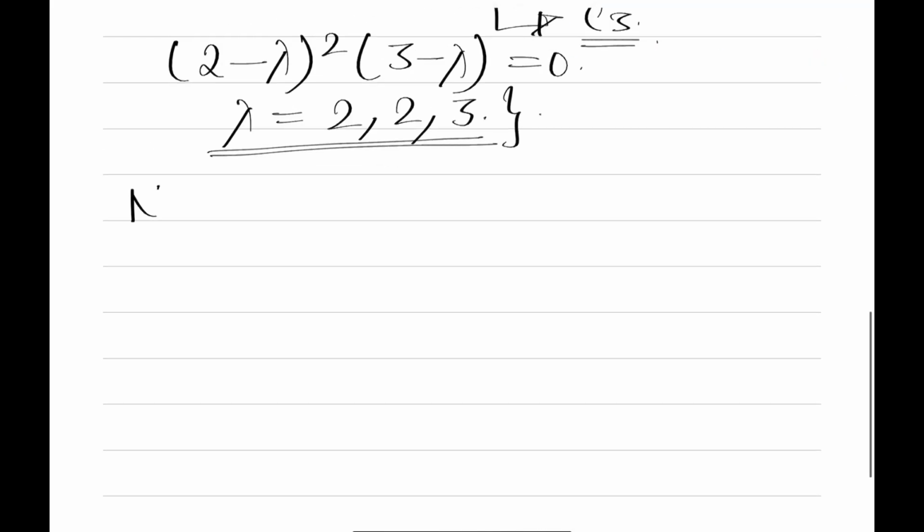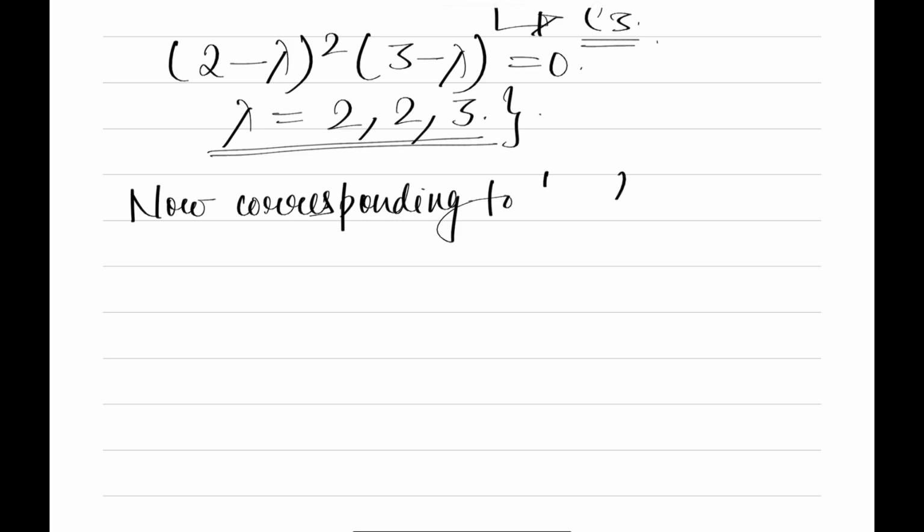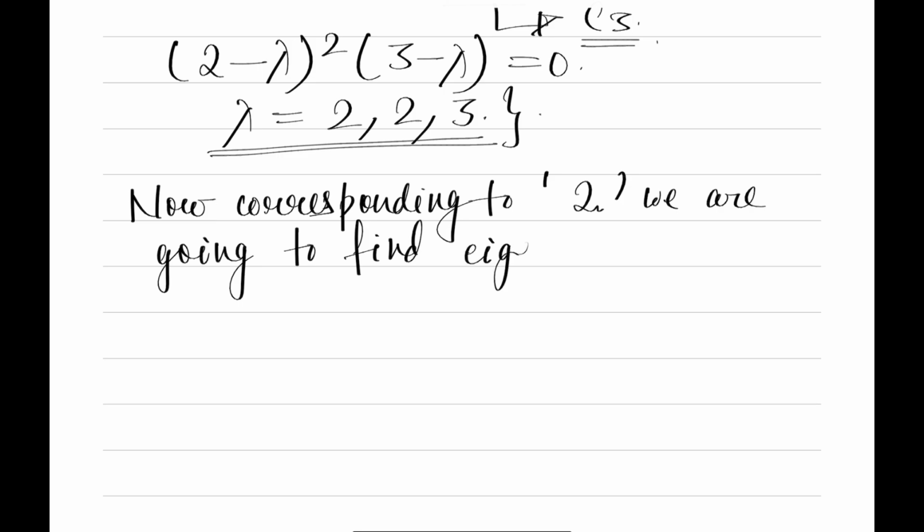Now corresponding to eigenvalue 2, we are going to find eigenvectors. So this is our lambda.